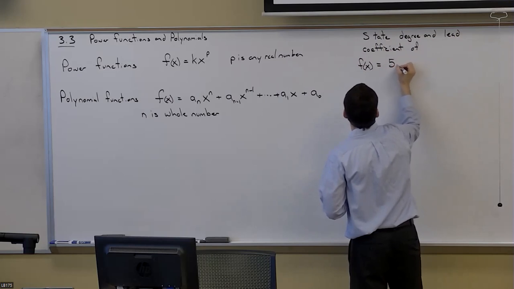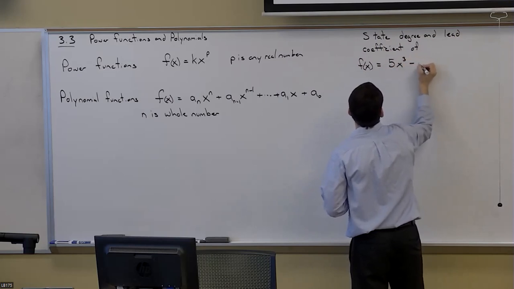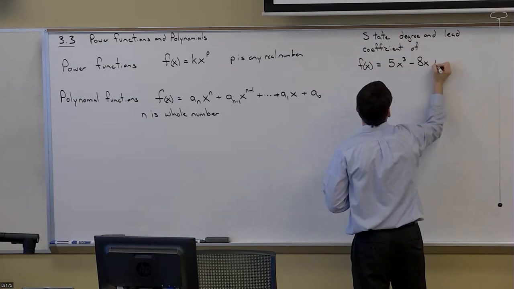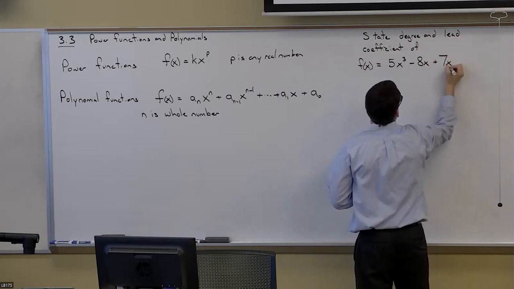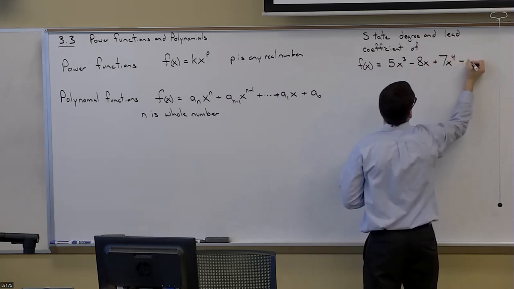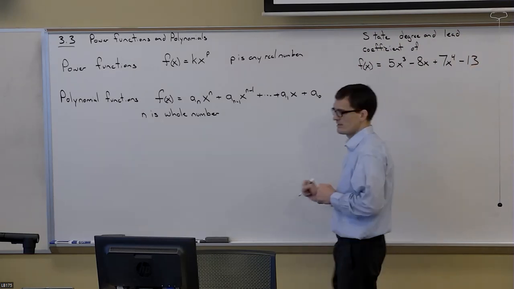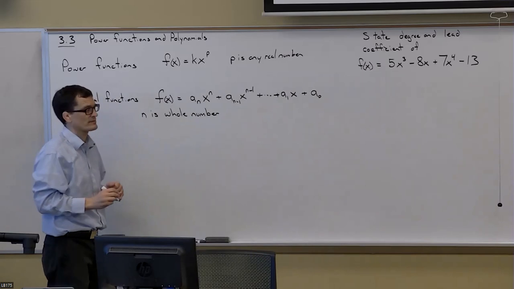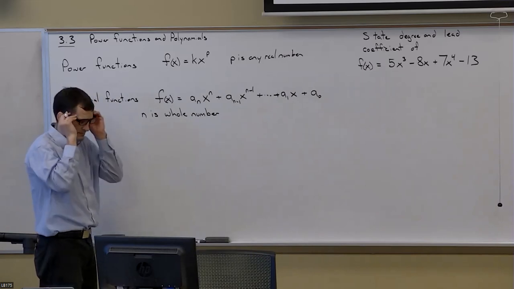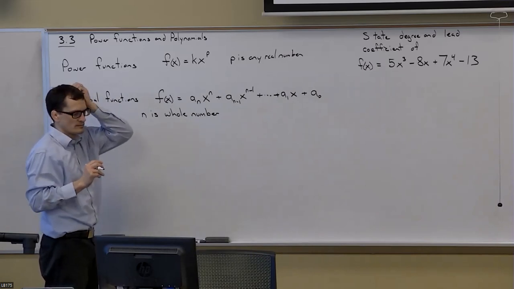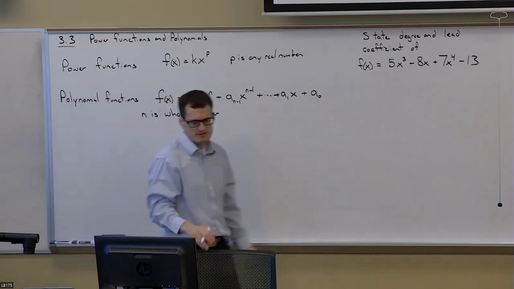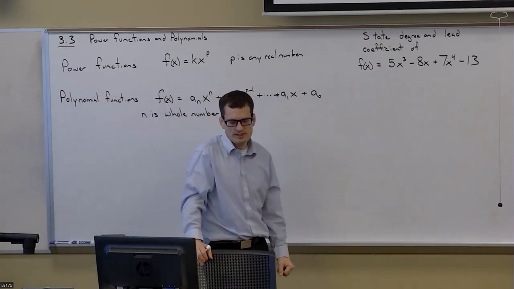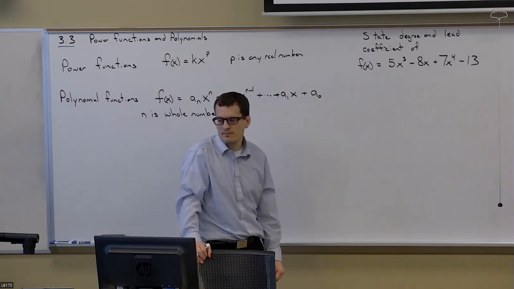Let's take 5x to the third minus 8x plus 7x to the fourth minus 13. Again, this is similar to what we did last time.